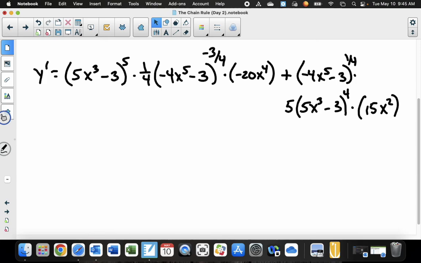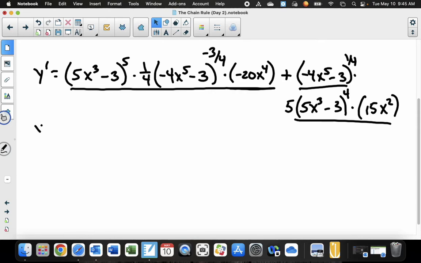So now, all of this stuff is one term, and all of this stuff is your second term. Just because this is pretty messy, let's clean this up a little bit in terms of factors before we start doing greatest common factor. Y prime: for the first part, I'm going to write it as 3 factors. We have 5x cubed minus 3 to the 5th power, which we'll leave alone for now.